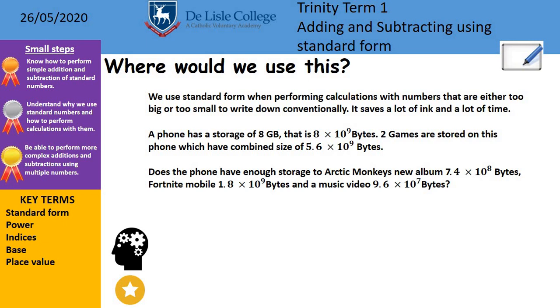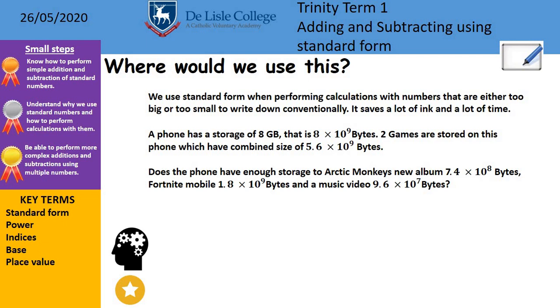Now, similarly, we use standard form as a way of performing calculations with numbers that are either too big or too small. And one that often springs to mind is when people talk about the storage capacity of phones, computers, and so on. So if we had a phone with storage of 8 gigabytes, that's 8 times 10 to the 9 bytes.